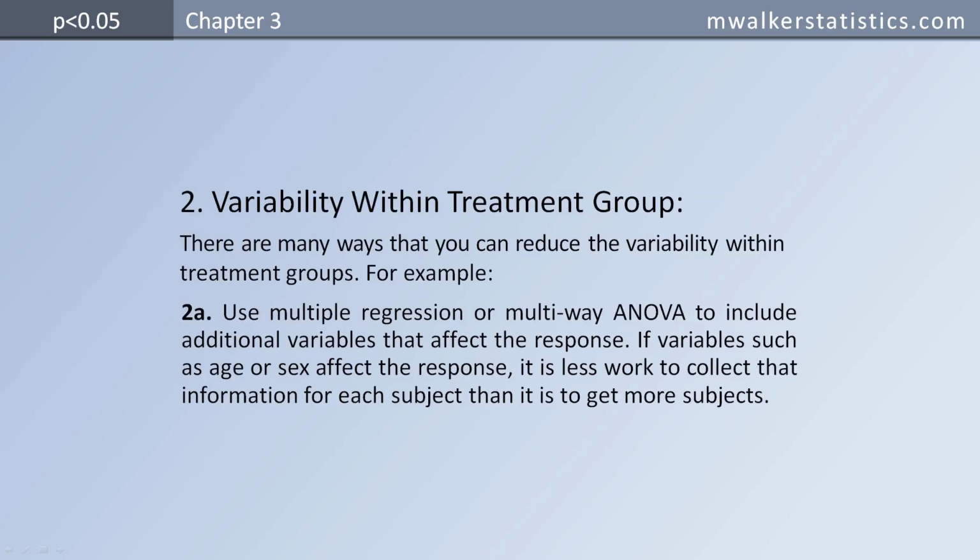2. Variability within treatment group. There are many ways that you can reduce the variability within treatment groups. For example, use multiple regression or multi-way ANOVA to include additional variables that affect the response. If variables such as age or sex affect the response, it is less work to collect that information for each subject than it is to get more subjects.